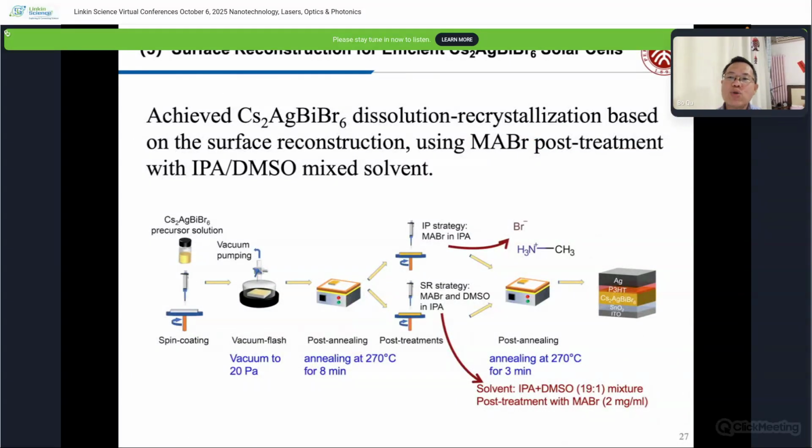In order to improve the double perovskite photovoltaic films, we achieved cesium silver bismuth bromide dissolution recrystallization based on surface reconstruction using MABr post-treatment with IPA DMSO mixed solvent.